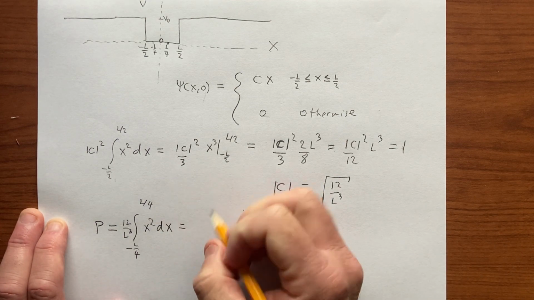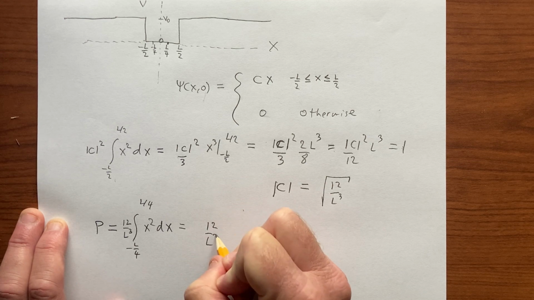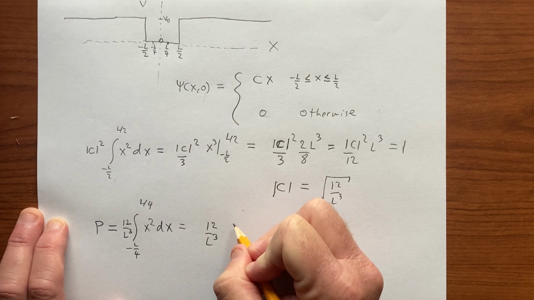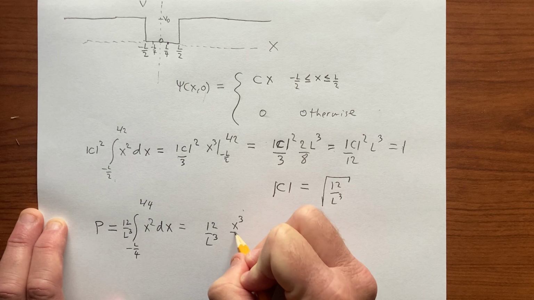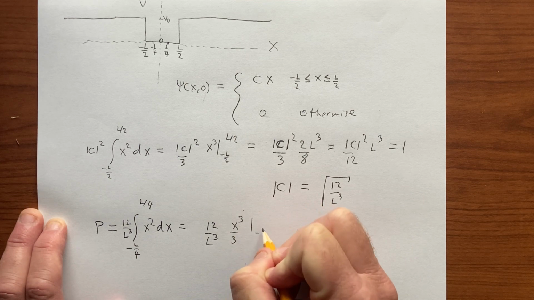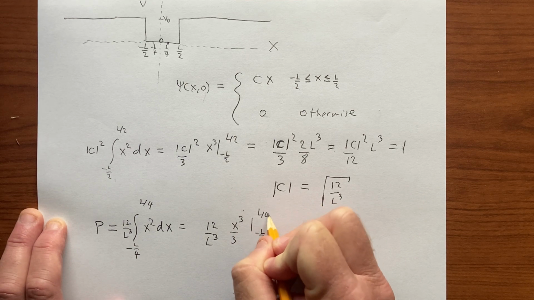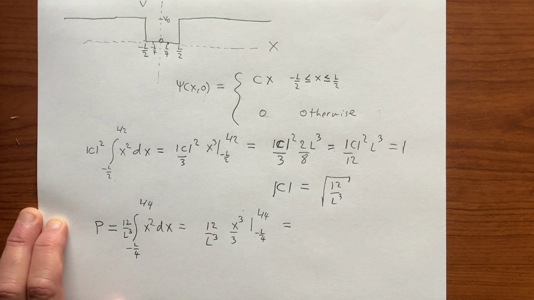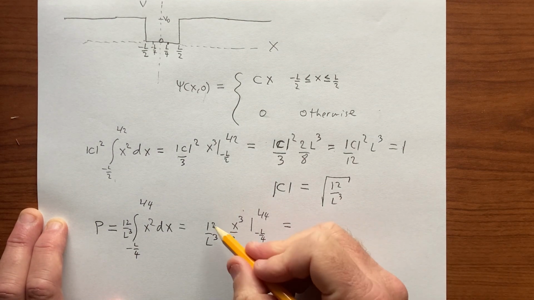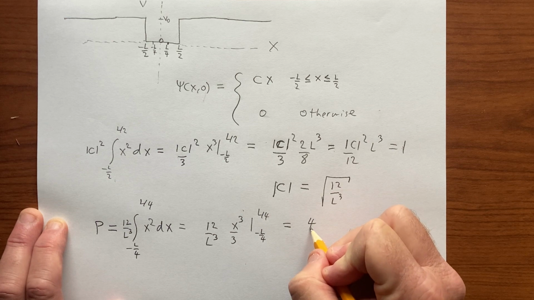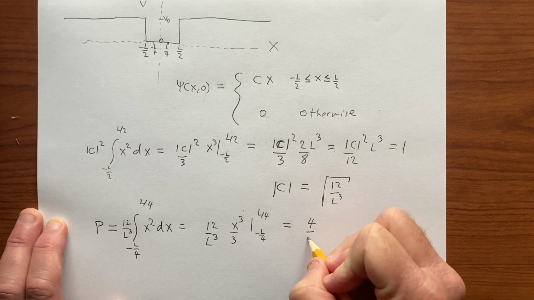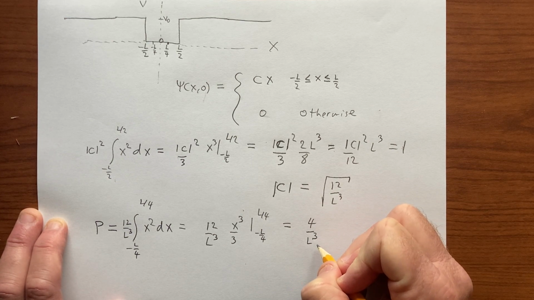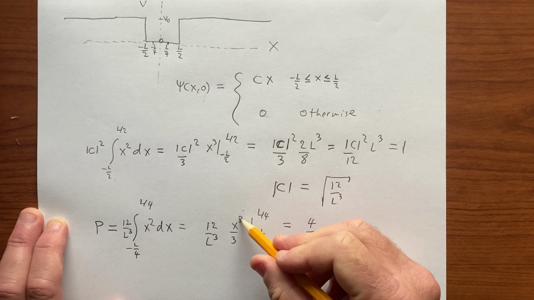We're going to integrate that. It's the same integral, so 12 over L cubed times the same quantity we had before, x cubed over 3, but evaluated from minus L over 4 to L over 4. And this gives us, right here we have a 4. Of course, the L's will cancel because we need a pure number, so we know we'll get an L cubed from here. We can see that.